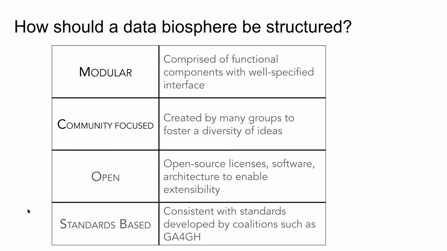The ideas that we're bringing to the data biosphere are that it should be modular and comprised of different components. So this means that, for example, Dockstore and Terra can provide different parts of what you might need for your analyses. It's community focused, so many groups that contribute to these projects can foster diversity of ideas and progress.